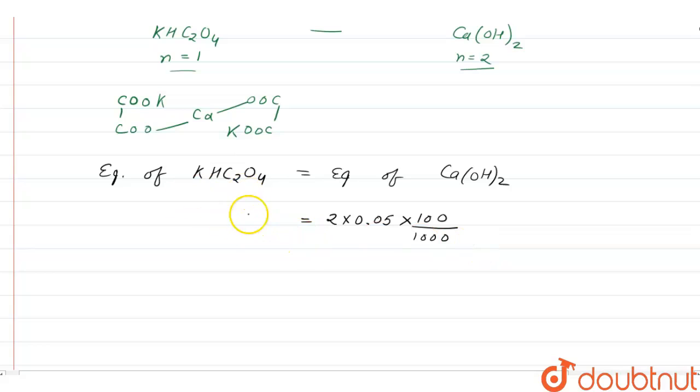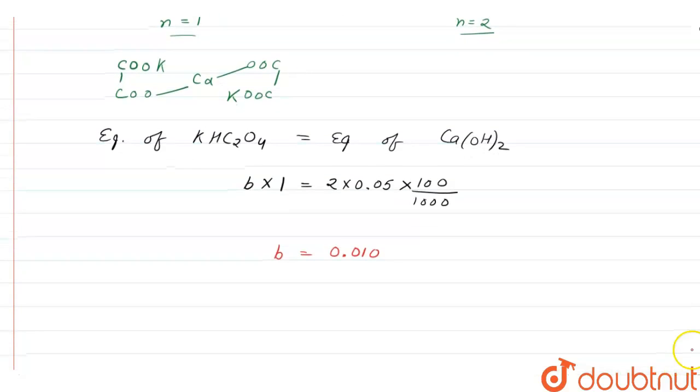Now come to the potassium hydrogen oxalate side. Here the n value is 1 in this reaction, and B is the number of moles. So B can be calculated for this reaction. B would come out to be 0.010. This would be the number of moles of potassium hydrogen oxalate required by the second reaction.